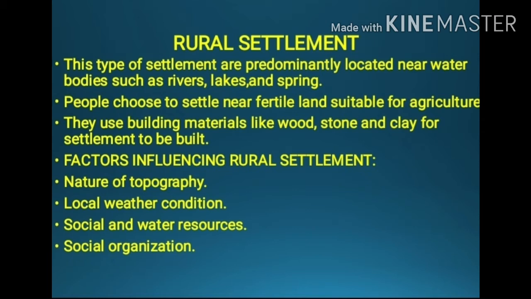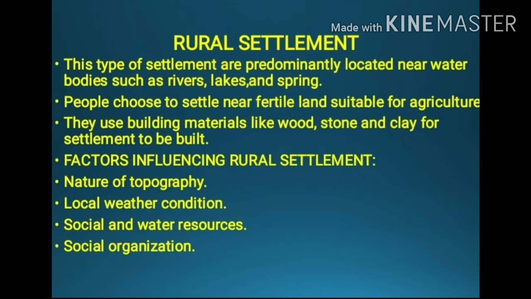The availability of building materials like wood, stone, and clay near the settlement is another advantage for settlements to be built. So these people use wood, stone, and clay, which are suitable to build their houses.